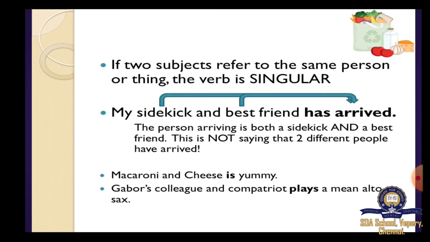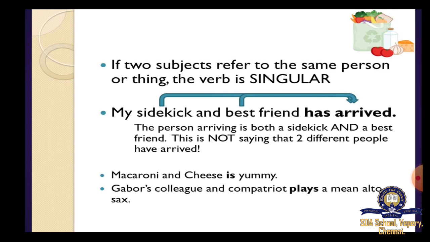Next example, macaroni and cheese is yummy. So macaroni and cheese is the same thing, and we say is yummy, that is, a singular verb is used. Gabo's colleague and compatriot plays a mean alto sax. That is, Gabo's friend and compatriot is the same person and that person is playing the alto sax.